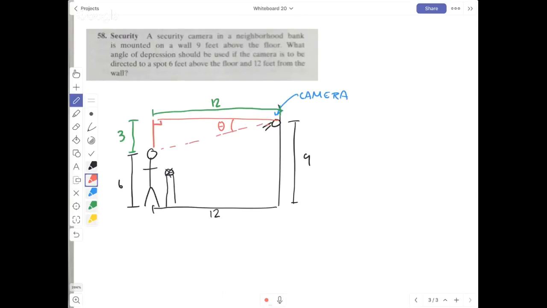And that's a right triangle. So to find theta, I'm going to say opposite over adjacent, which is the tangent ratio. Tangent of theta equals opposite 3 over adjacent 12. And that means that theta equals the inverse tangent of 3/12.